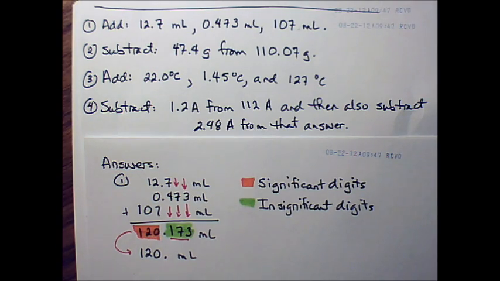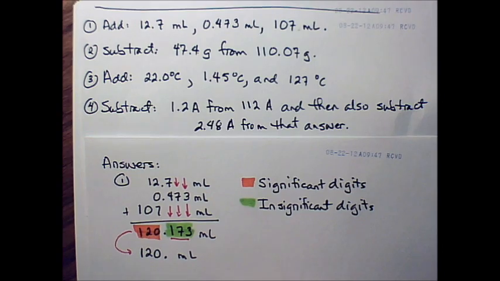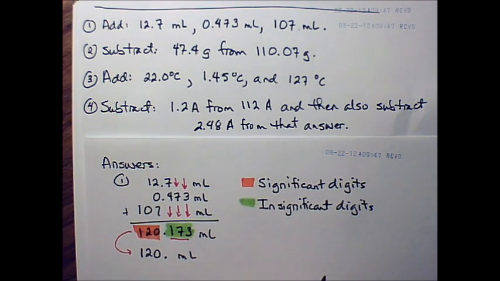And for what it's worth, your final answer in the sciences can only be as precise as the least precise measurement in the math problem.